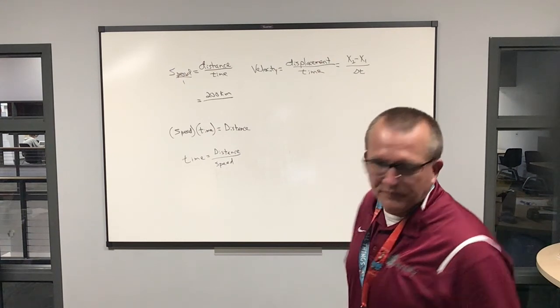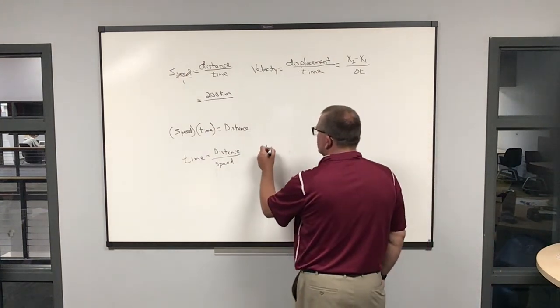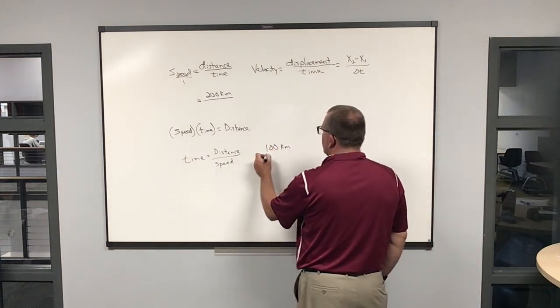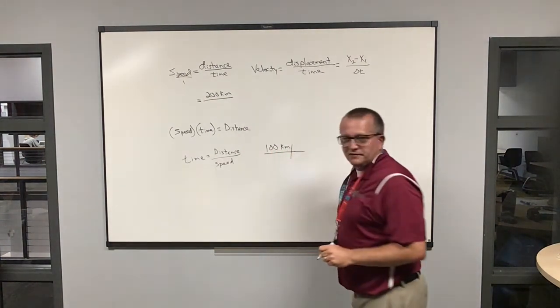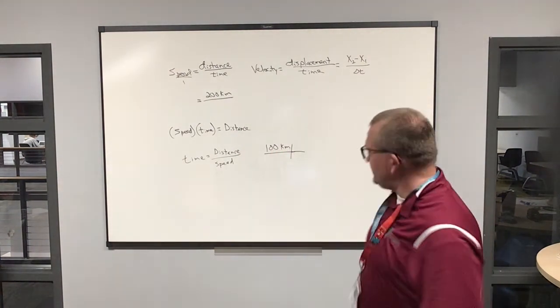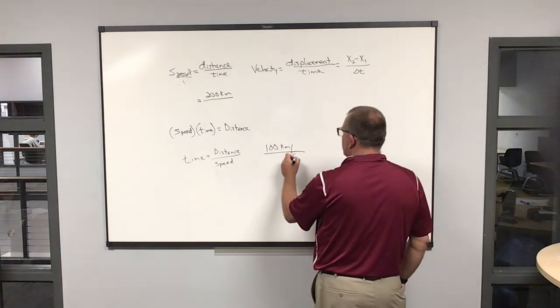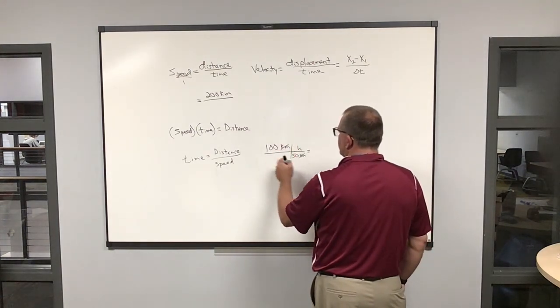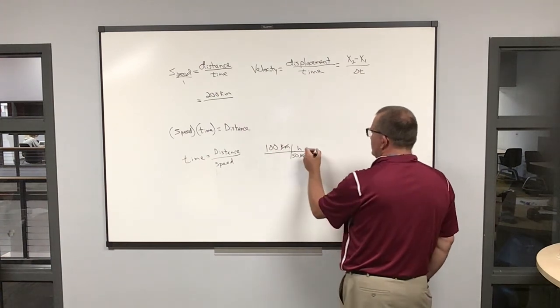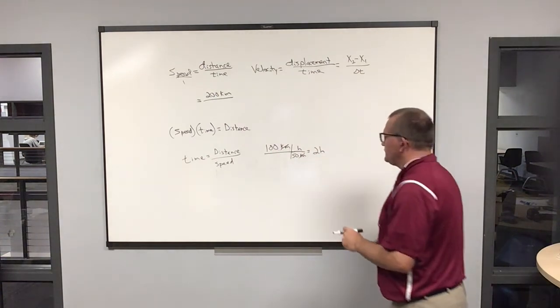So now to find my time in each of these cases, I just take the distance divided by the speed. So for the first 100 kilometers, I'm going to divide that by my speed, which was 50 kilometers per hour. Kilometers cancel, 100 divided by 50 is 2, so that first leg of the trip took 2 hours.